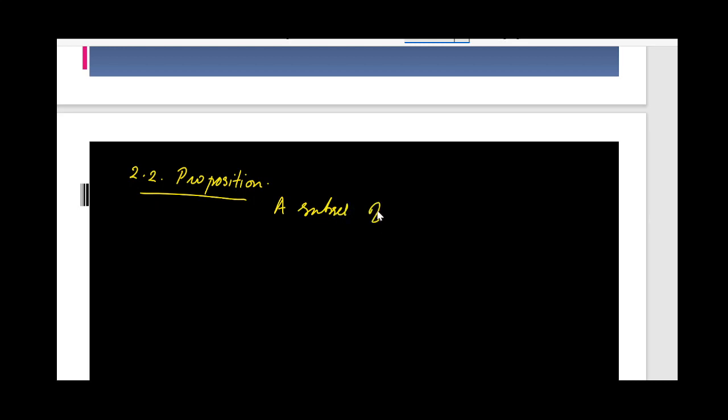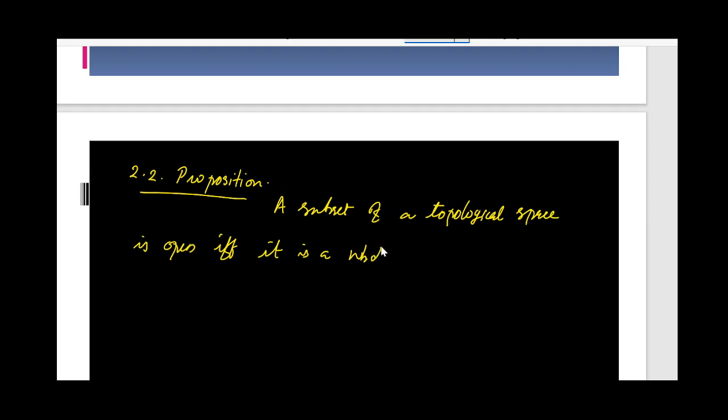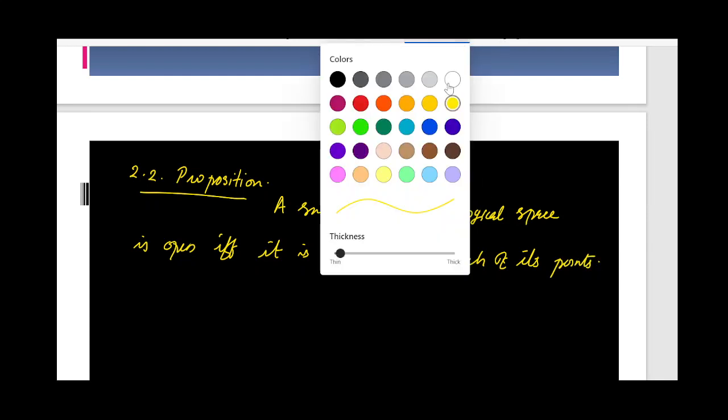A subset of a topological space is open if and only if it is a neighborhood of each of its points. So this is the theorem or proposition we want to prove.